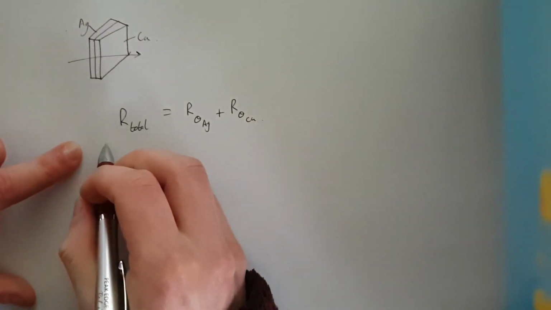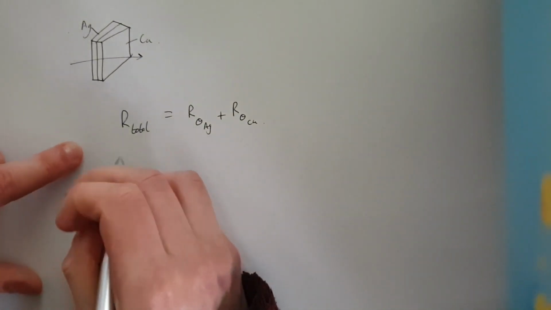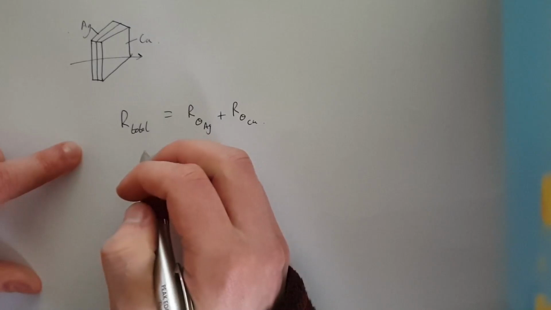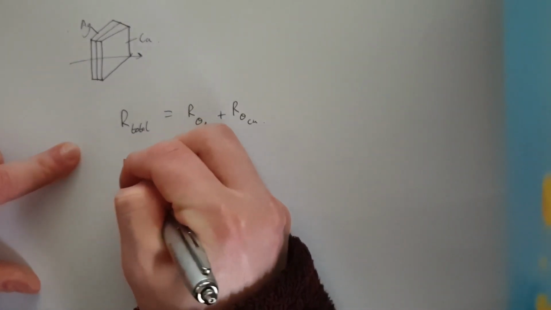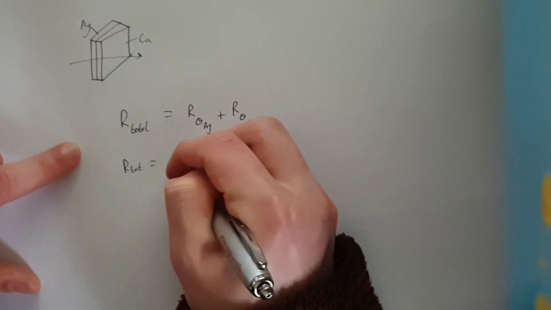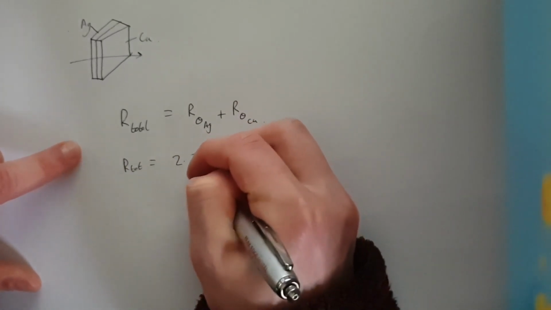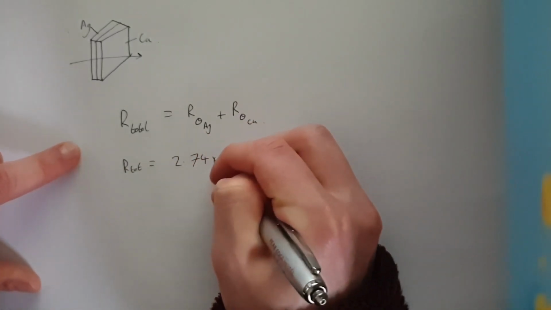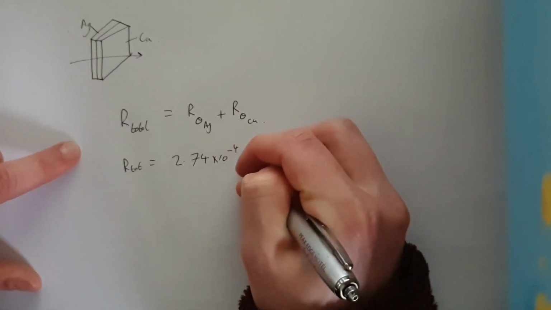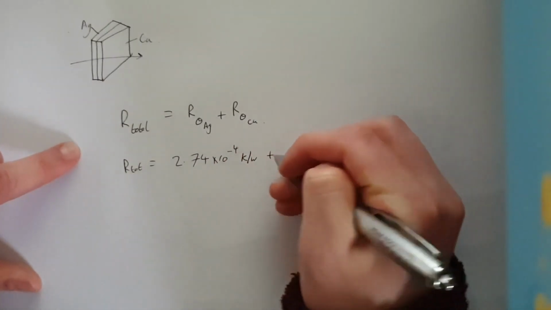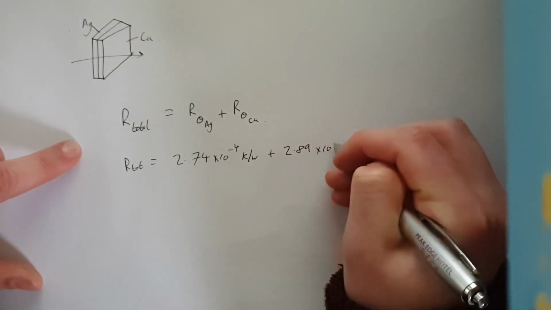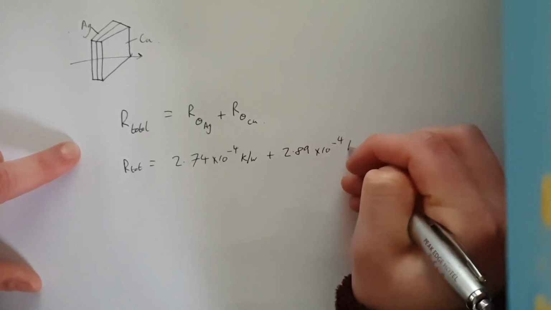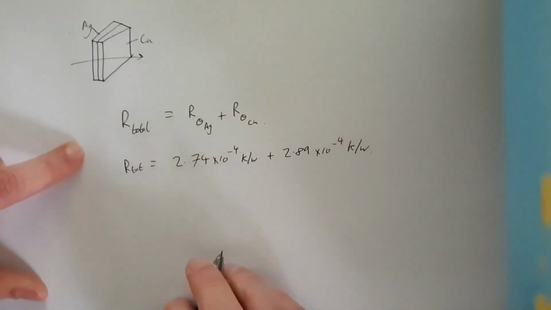So the total resistance of the bilayer then is going to be what we worked out previously, which was R total is equal to 2.74 times 10 to the minus 4 Kelvin per watt plus 2.89 times 10 to the minus 4 Kelvin per watt.